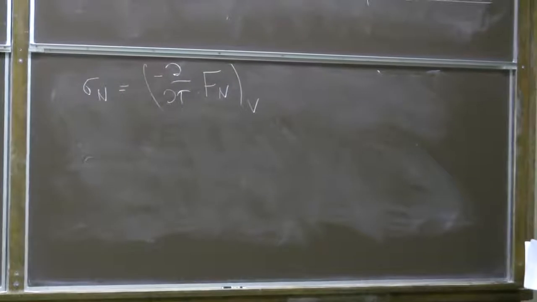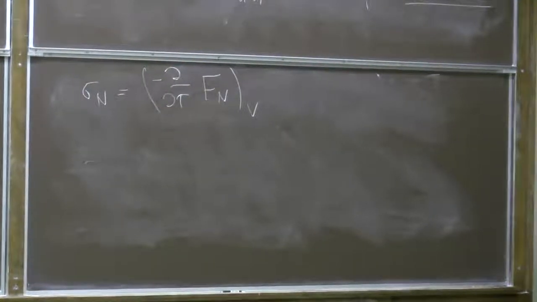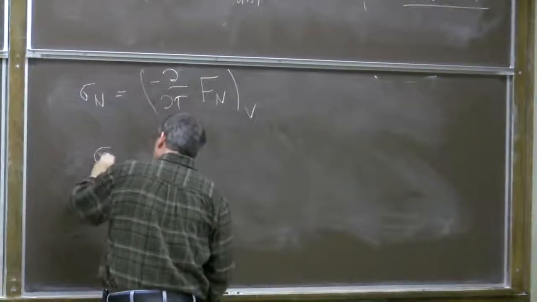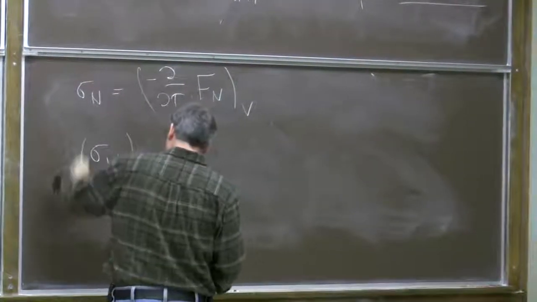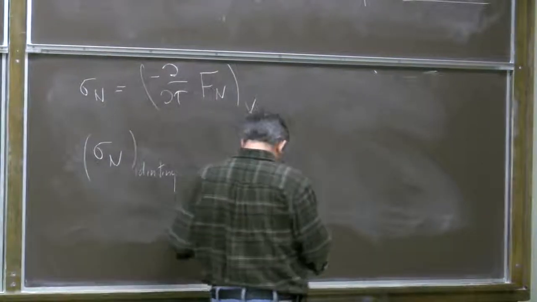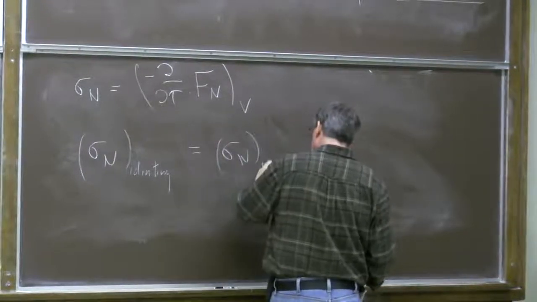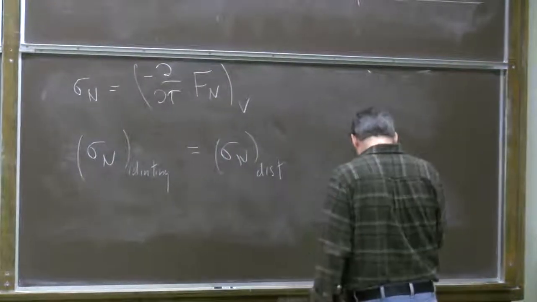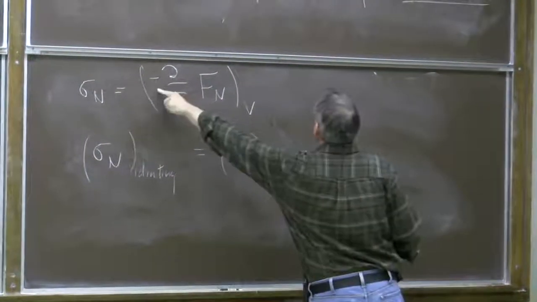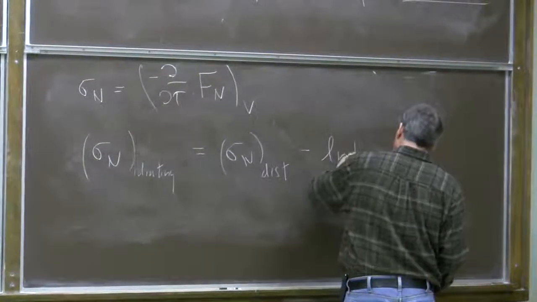And when we differentiate with respect to the temperature, we get that extra log of n factorial. So sigma, when the particles are indistinguishable, as indeed they are, can be written as the entropy that we would have had if they were really distinguishable, and then minus, because of this minus sign, after differentiating with respect to tau, log of n factorial.